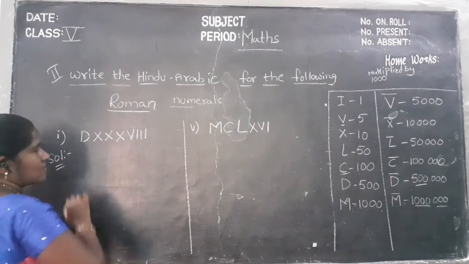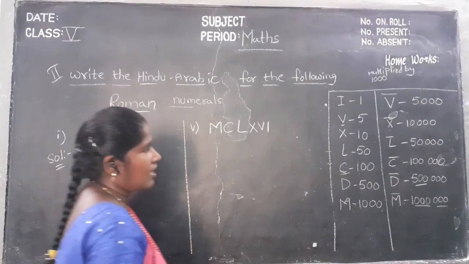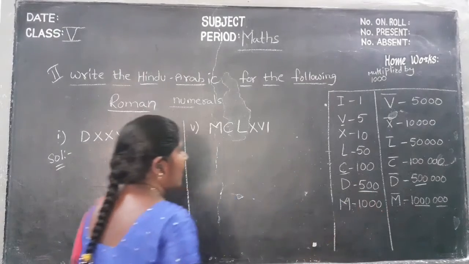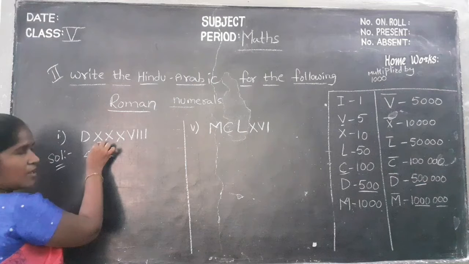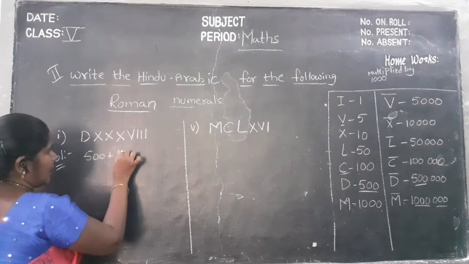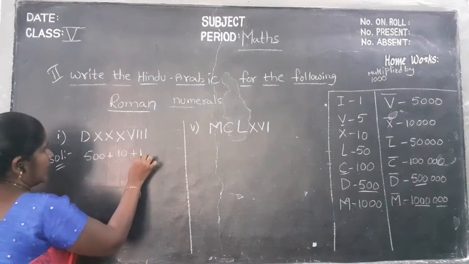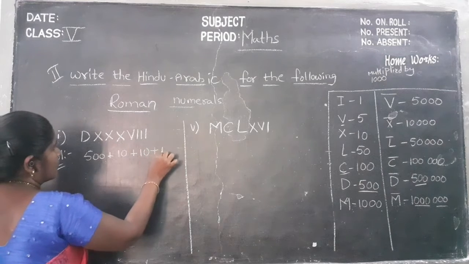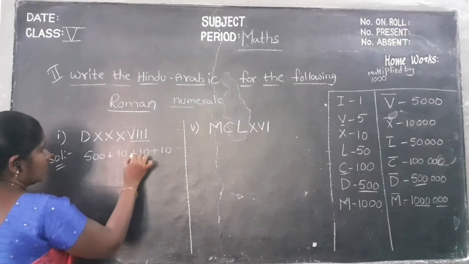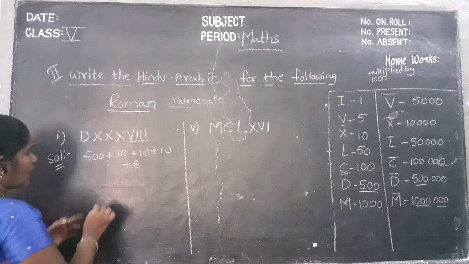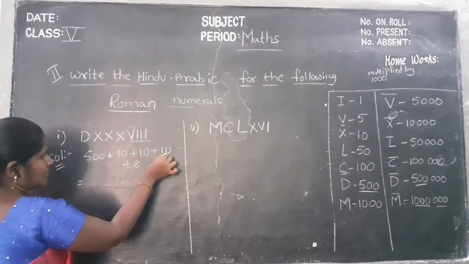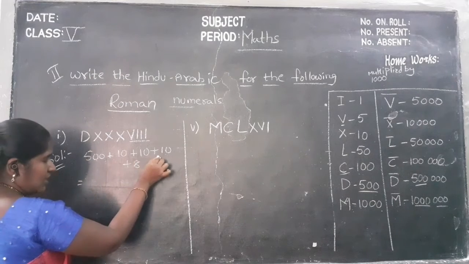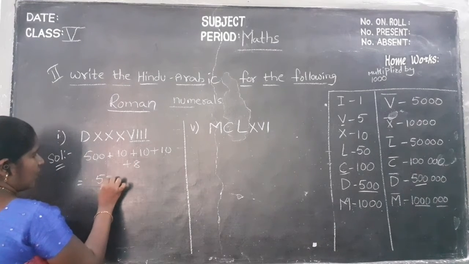D means 500, and X means 10 and again 10 and again 10. So 500 plus 10 plus 10 plus 10 means 530, plus 8.